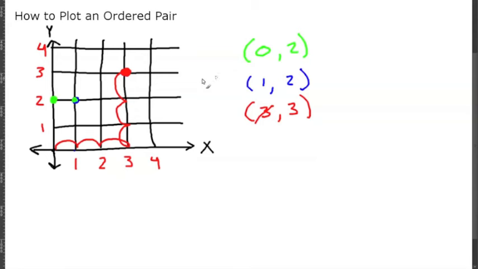Now looking at how I was able to plot these, you may have noticed that all of these values in this first column are all x values, and the values in this second column are all y values. So your ordered pair always is your x coordinate, comma, your y coordinate, just to reiterate that.